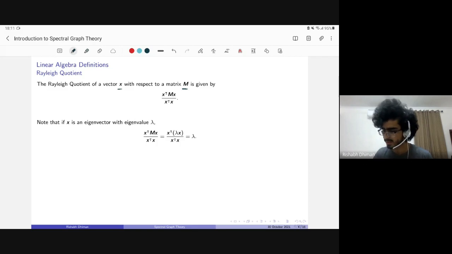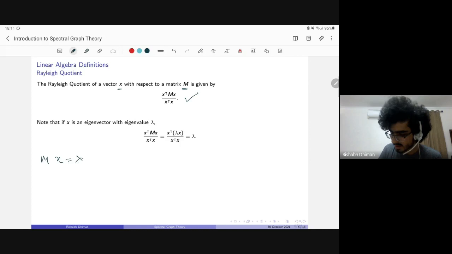So the reason we introduced this Rayleigh quotient is how it is related to eigenvalues. So consider x to be some eigenvector. So you have Mx equal to lambda x. Then in that case, this Rayleigh quotient will just be lambda.